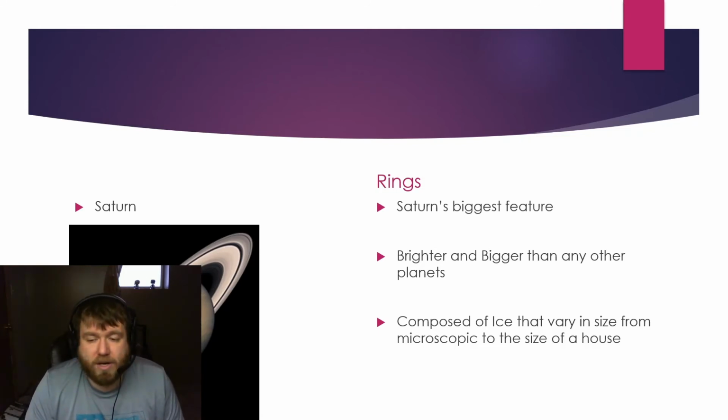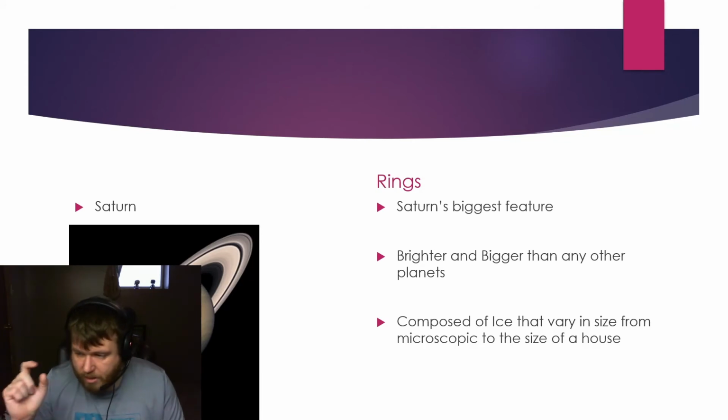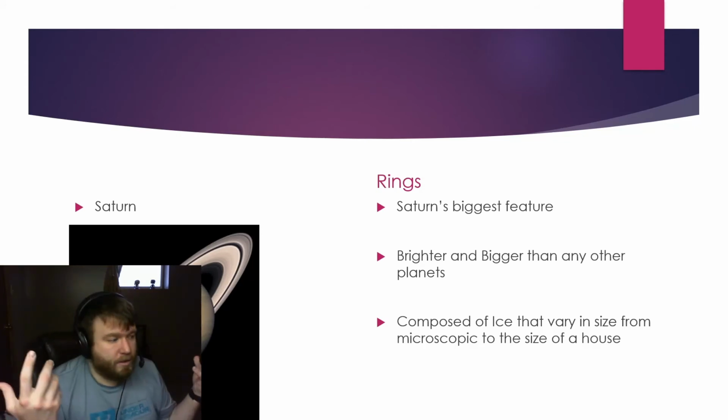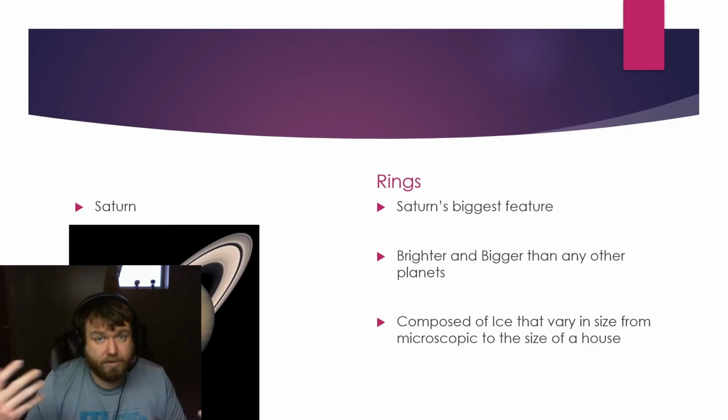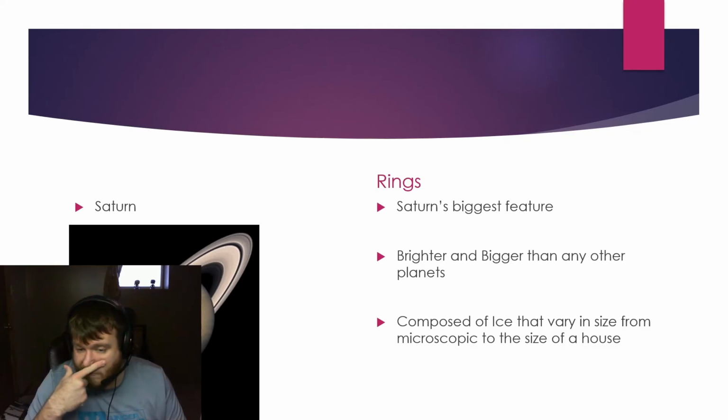They are composed of ice that varies in size from microscopic to the size of a house. So, all of those rings are just clusters of tiny little ice pellets, clear up to big, massive chunks of ice that would be the size of our school. So they vary in size, but it's those big chunks of ice that make you see those rings.